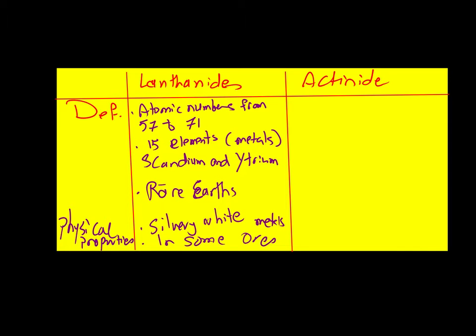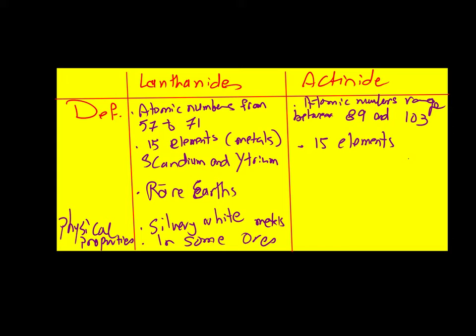Whereas actinides, also they are 15 elements in the periodic table. They have atomic numbers between 89 and 103.